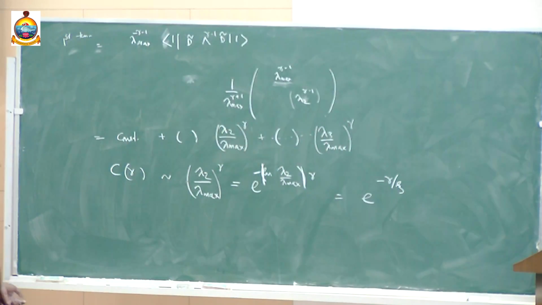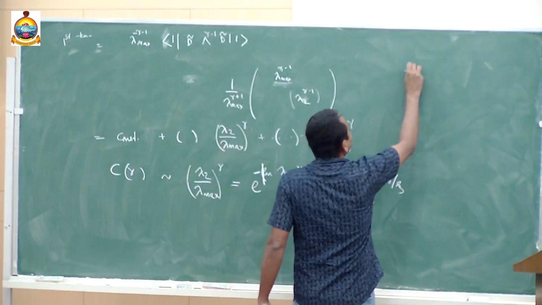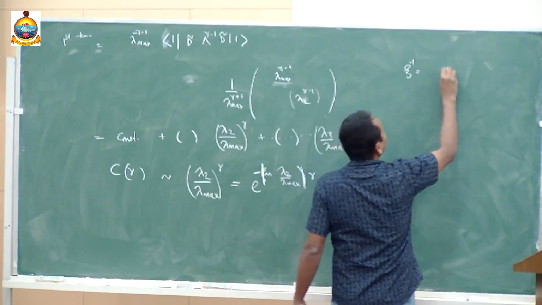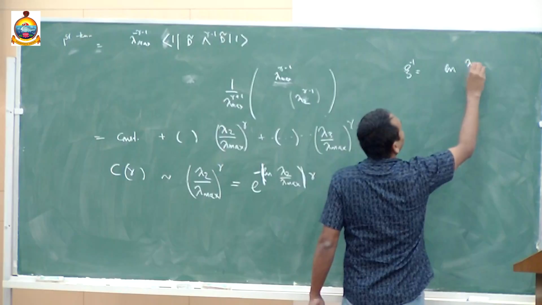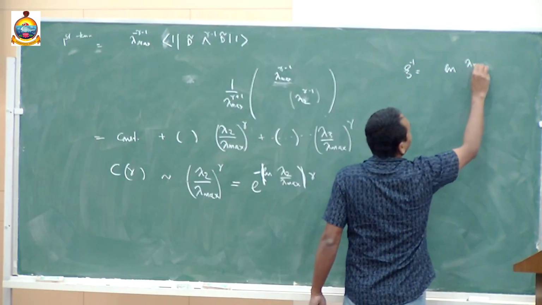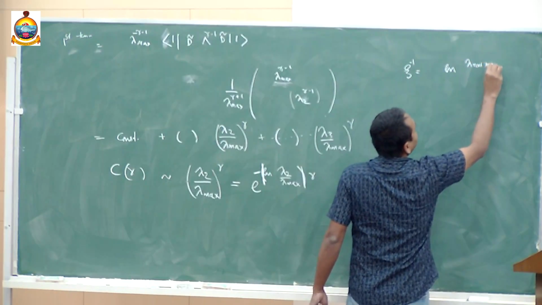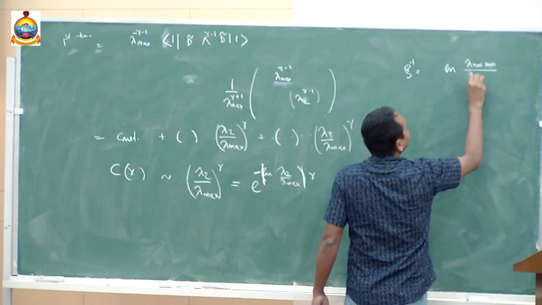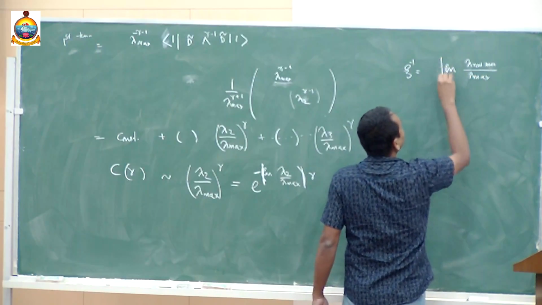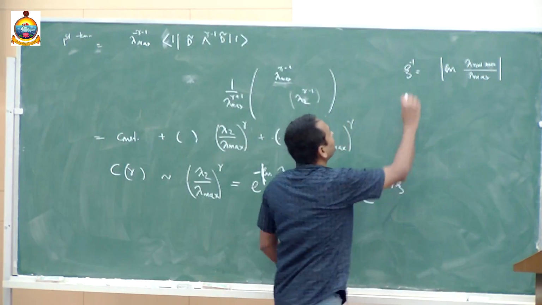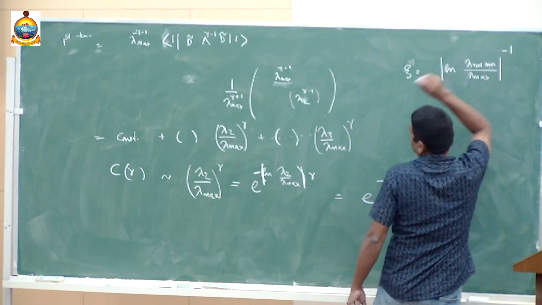So what is the correlation length then? So xi inverse equals log of lambda max divided by lambda 2. Okay, that's the general formula, or you could write xi equal to this inverse.